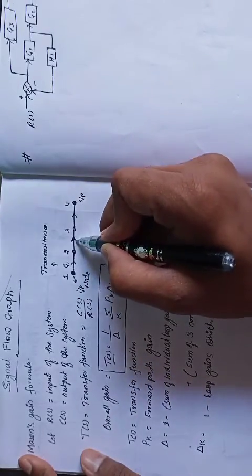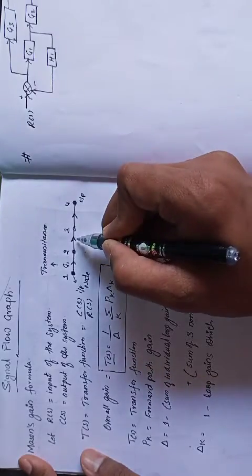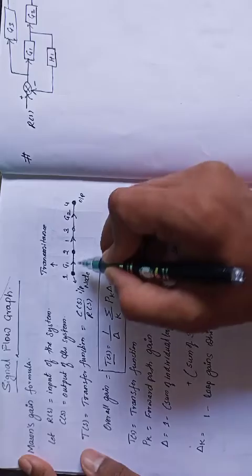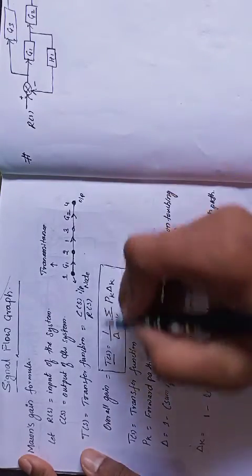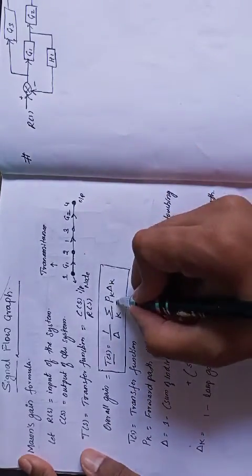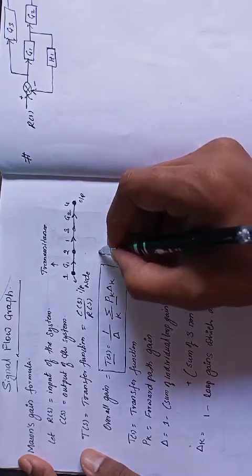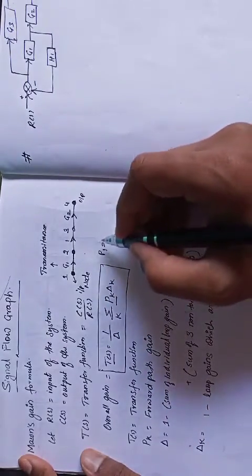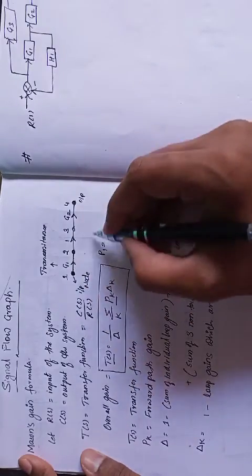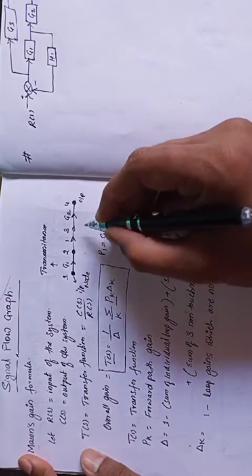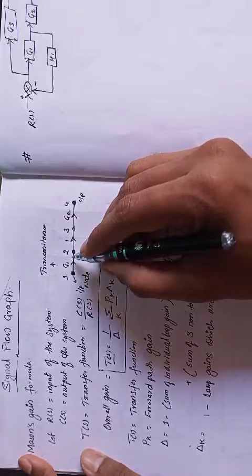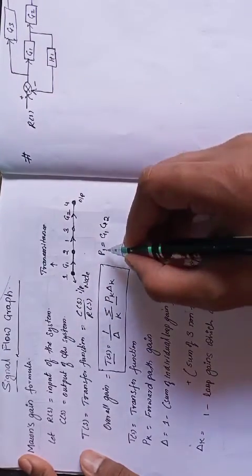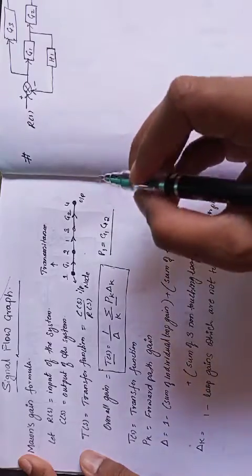If the gains are G1, 1 and G2, then P1 represents the forward path gain, and the gains are multiplied: G1 into 1 into G2 is the gain of the forward path.